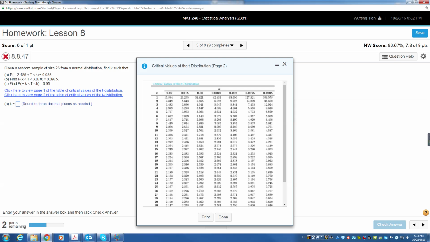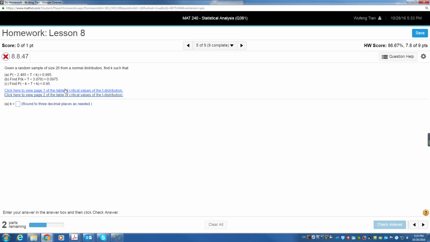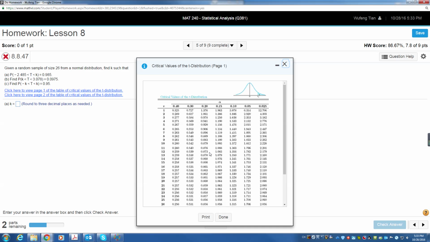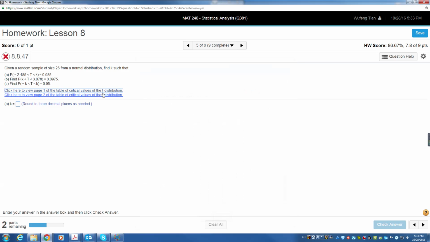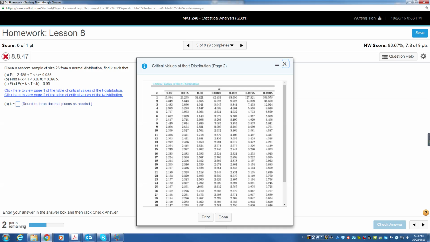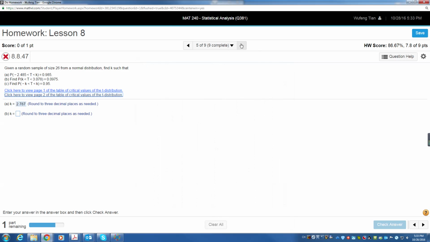So it's 0.01, actually the left side 0.01. Then you need 0.995. 0.995 is going to be this one, 2.787. You can do the same thing for this one.